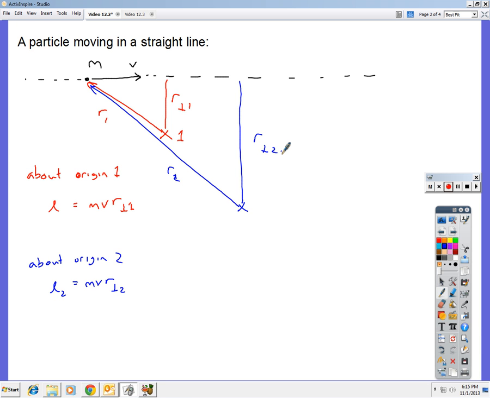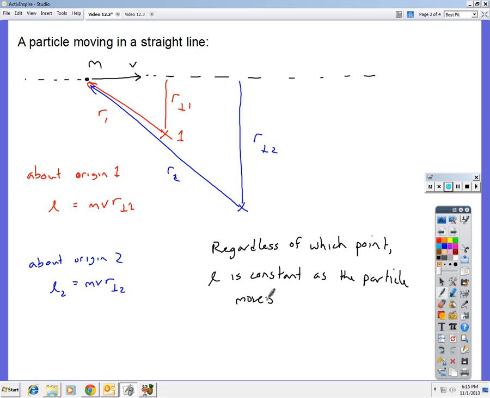Notice that regardless of which point you choose, the angular momentum of the particle will stay constant as the particle moves. So, regardless of which point, L is constant as the particle moves.